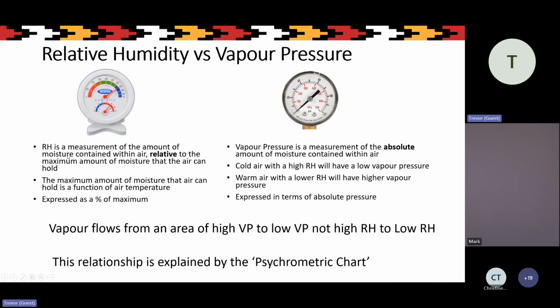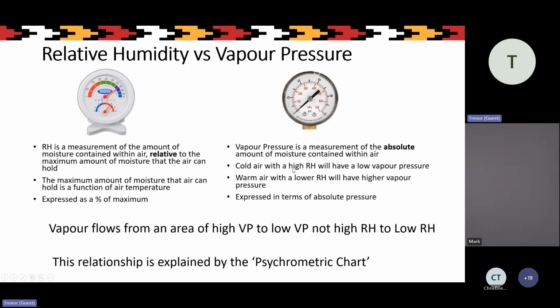And the RH is that relative to the maximum amount it can hold. Whereas vapor pressure is the absolute amount of moisture contained within the air. It's not relative to anything. It's just the number of molecules essentially in the air.